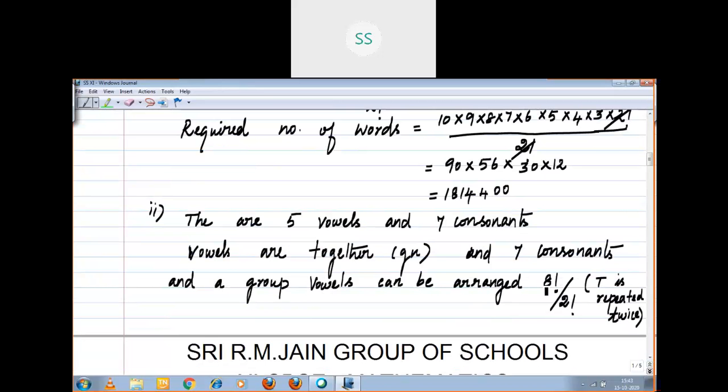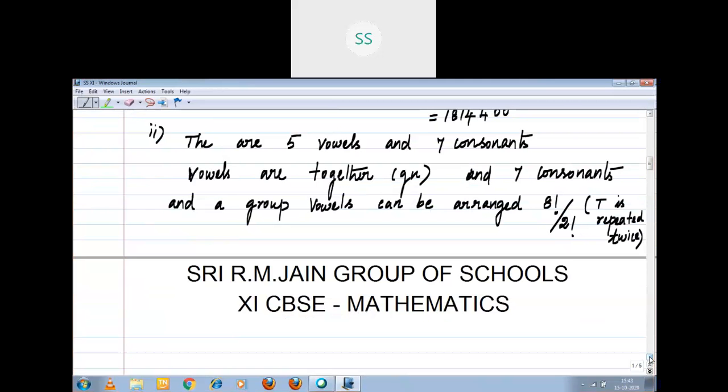So, the single unit plus 7 consonants can be arranged in 8 factorial divided by 2 factorial.